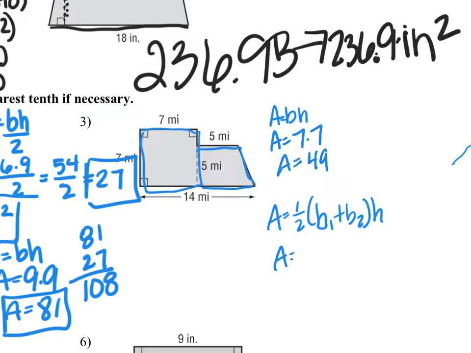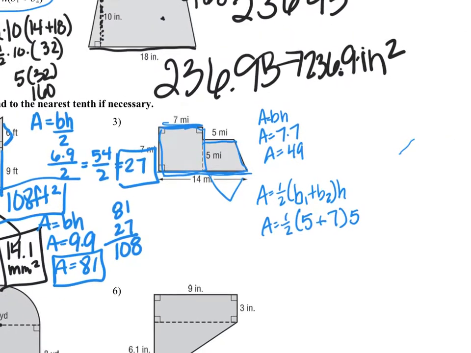Okay. So my base 1 is what? What's my base 1? 5. My base 2 is 7. How'd you come up with 7 there? No idea. This whole thing is 14. This half is 7. So what's that half? 7. Okay, and then my height is what? 5. Okay, so order of operation tells me what?